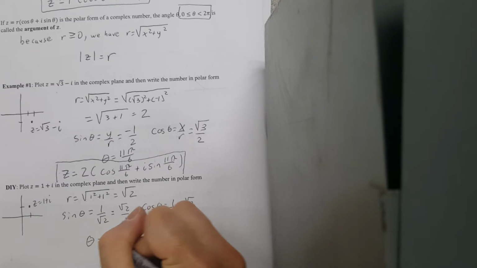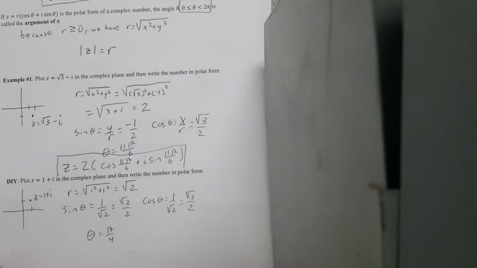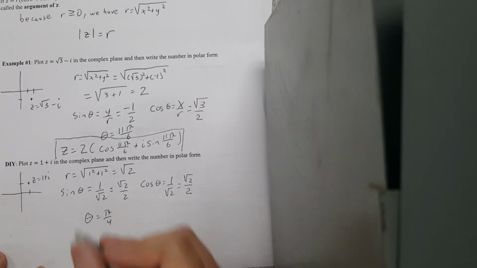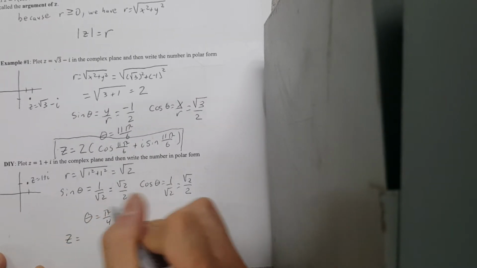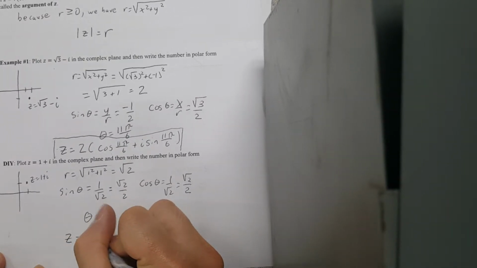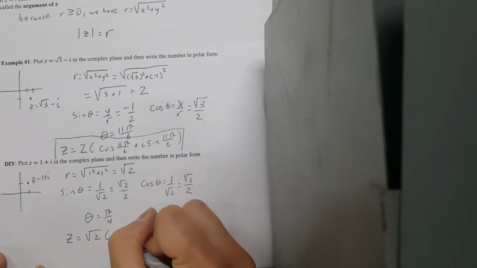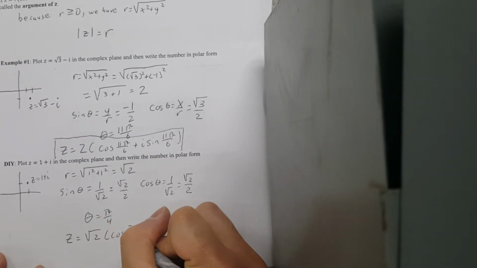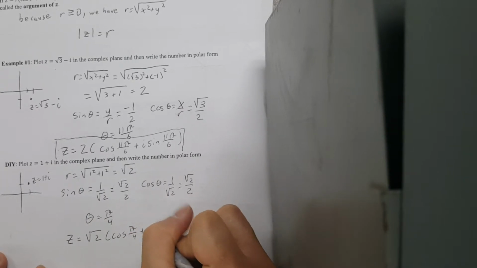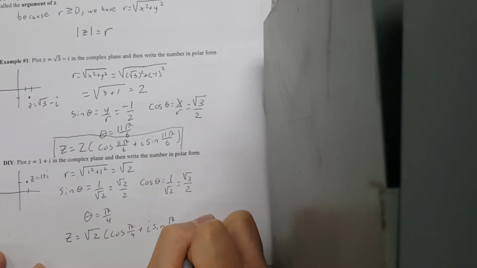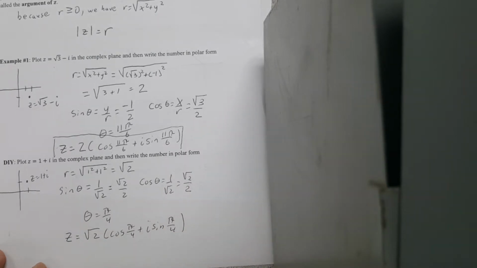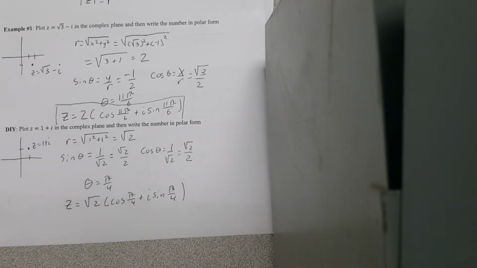So theta has to equal pi over 4. And so now I have my r and I have my theta. So z is equal to root 2 cosine pi over 4 plus I sine pi over 4. Okay, so take some time to jot that down, and then we'll move on.